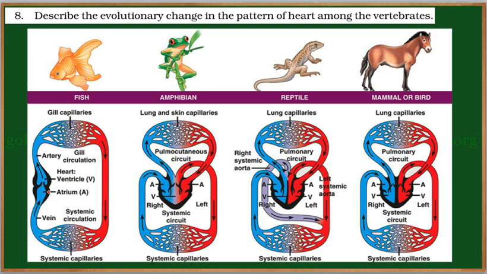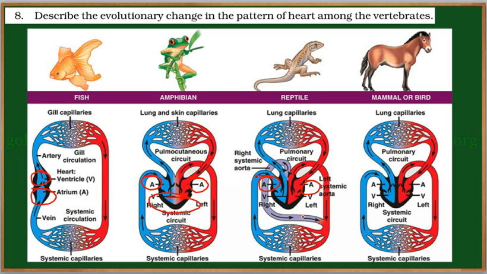In Pisces, the heart has got 2 chambers, auricle and ventricle. 1 auricle, 1 ventricle. In amphibians and reptiles, there are 3 chambers, 2 auricles. So here also they have 2 auricles, but only 1 ventricle. So it has got 1 ventricle in amphibians.